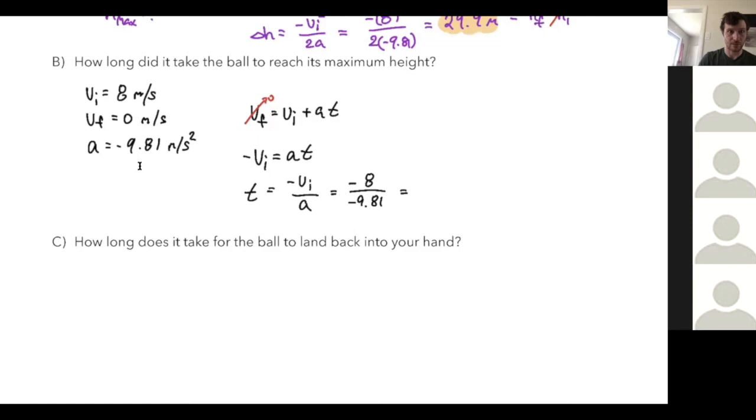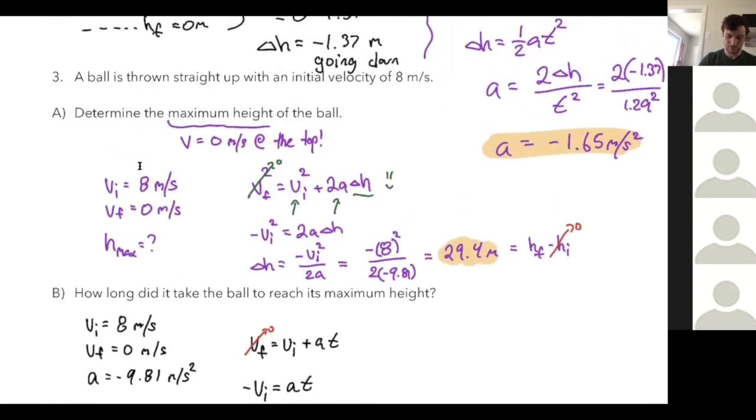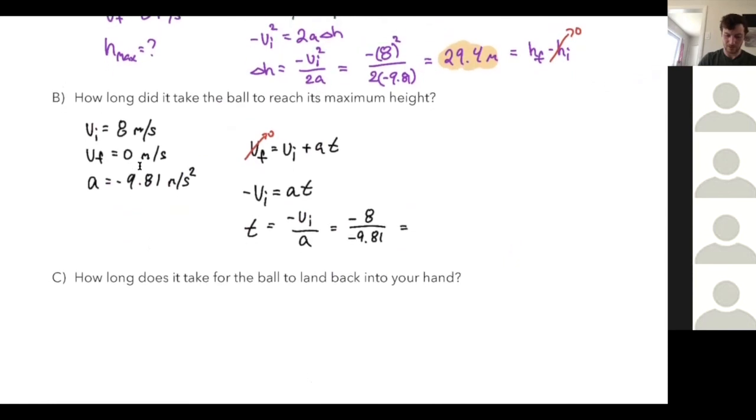So we go up there. We've got our initial velocity. Wait a second, I might have made a mistake. Freeze for a second. 8 squared. Sorry, I'm copying off answers that I did last year, but I realized I made a mistake last year.